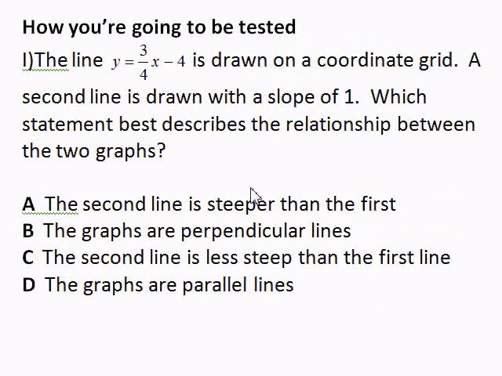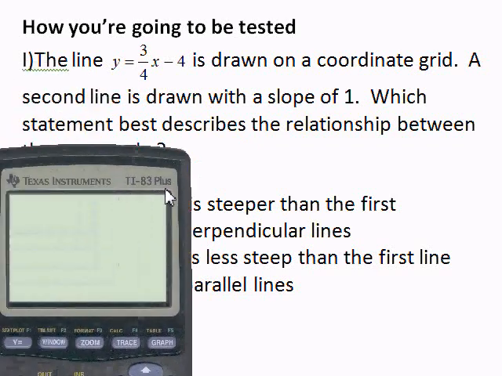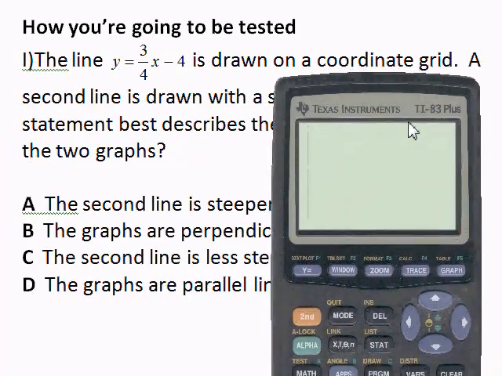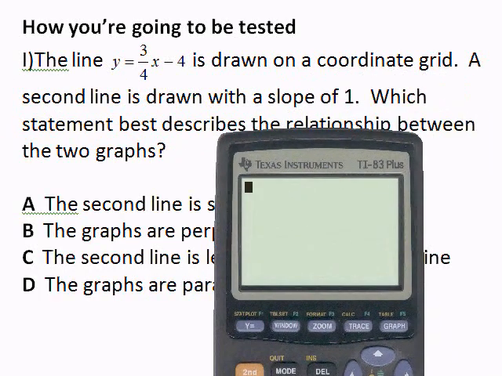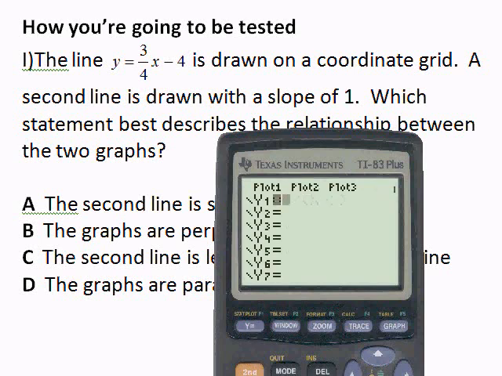So suppose the line y equals 3/4 x minus 4 is drawn on a coordinate grid. So pretty much you're just going to graph that function in your calculator. A second line is drawn with a slope of 1. Which statement best describes the relationship between the two graphs? Well, there's really no point in trying to guess that. I mean, we could, but it'd be so much easier just to go to your y equals.